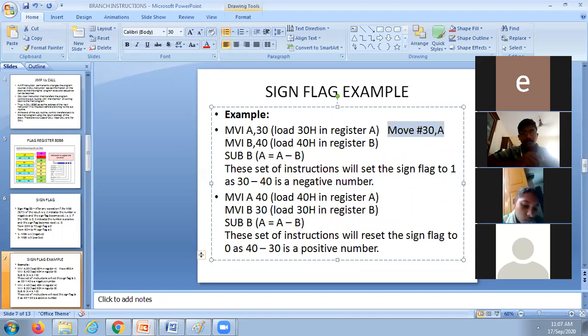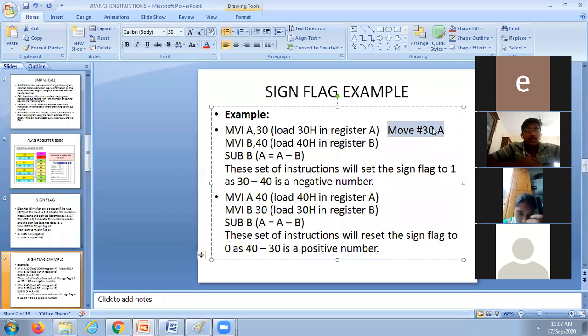Only to explain the variations, I am taking different processors. Whether you write MOVE hash 30, comma A, that is acceptable in the examination. If I write MVI A, comma 30, that is also acceptable. Understood? Anything is acceptable.